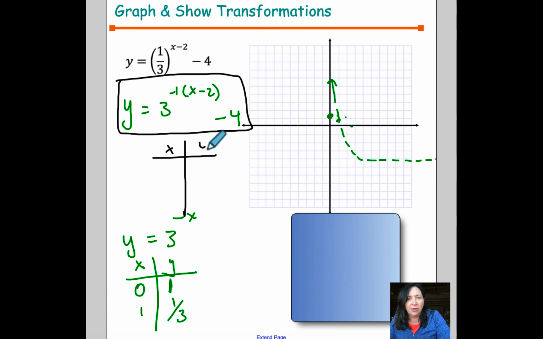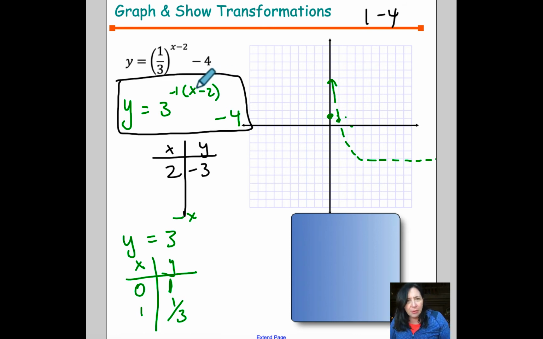So here's y. If I were to plug in, I'm going to plug in 2, because that's a good one, because 2 minus 2 is 0. 0 times negative 1, 0. 3 to the 0 power, 1. And then 1 minus 4, right? 1 minus 4 is negative 3. So I've got a point 2, negative 3.